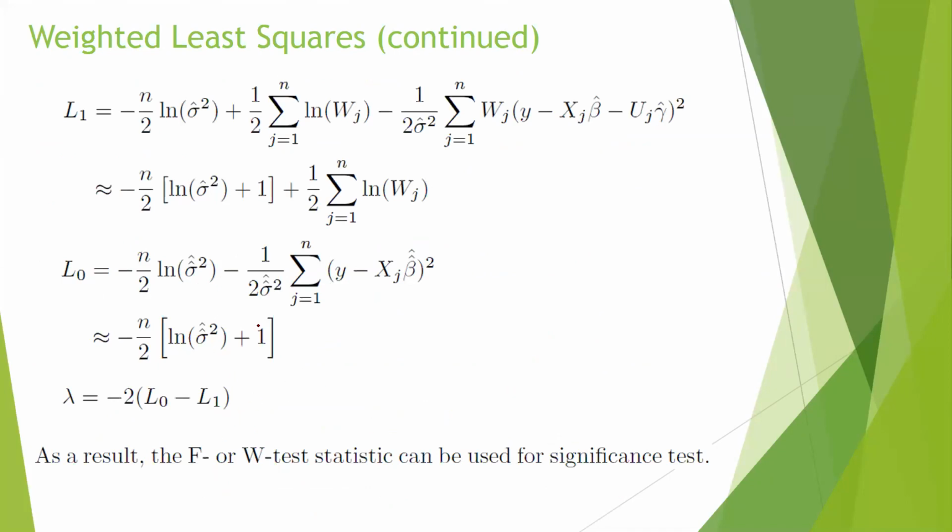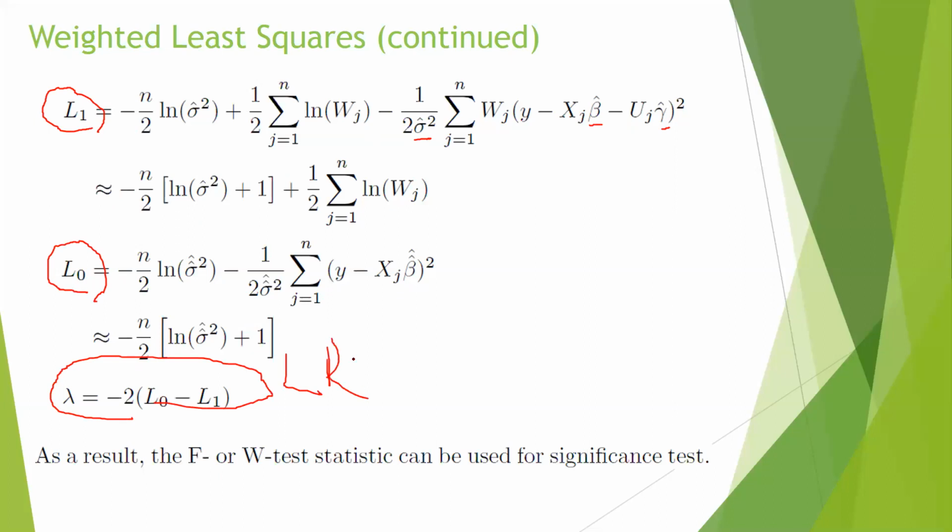We can use this estimation to calculate the likelihood for the alternative model, and also the likelihood for the null hypothesis, and then construct a likelihood ratio test, which follows a chi-square distribution, and this helps us test this locus, right?